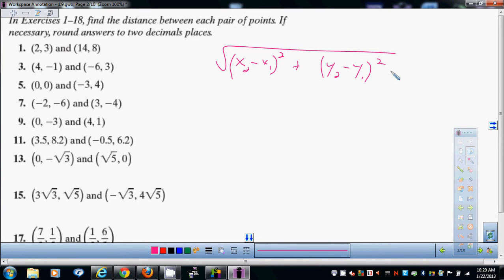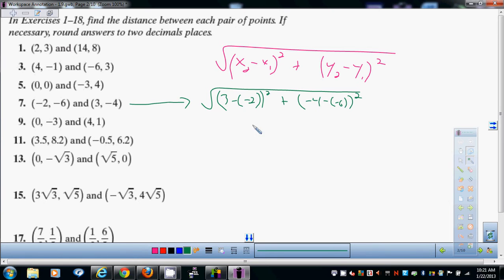We'll do a straightforward example, and then we'll do a radical example. Let's do number 7. x2 minus x1 squared plus y2 minus y1 squared.